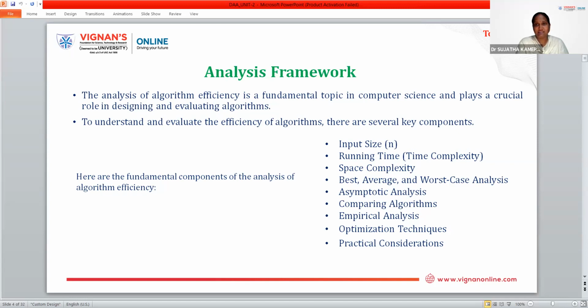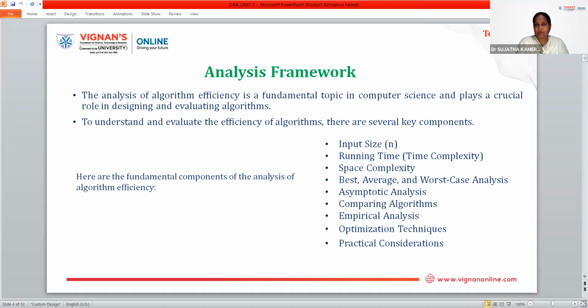You can see here the list of those key components: input size, running time, space complexity, best, average, and worst case analysis, asymptotic analysis, comparing algorithms, empirical analysis, optimization techniques, and also practical considerations. Now we will see each and every component in detail.